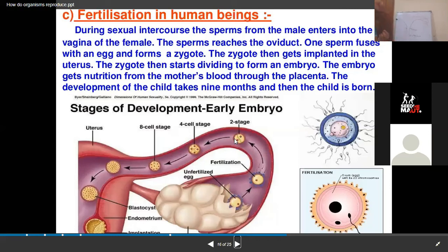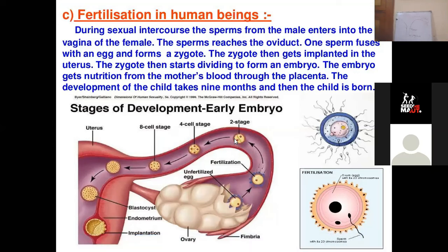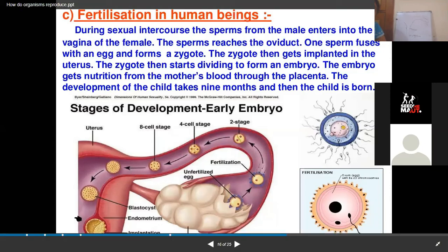Now, I have told you that the human female receives millions of sperm, because one drop of semen contains millions of sperm. But all the sperm will not reach the oviduct. It is only one sperm which will win the race and, through the vagina, through the cervix, passing through the uterus, ultimately reach the oviduct.